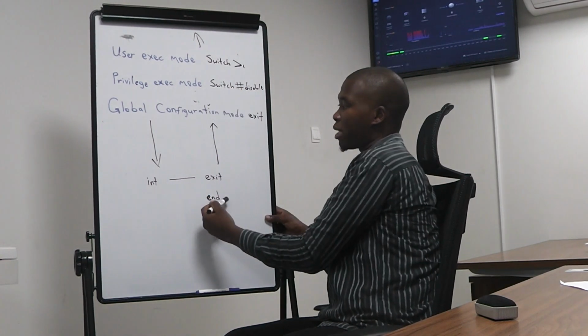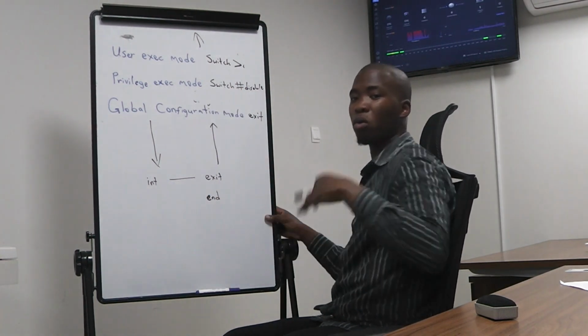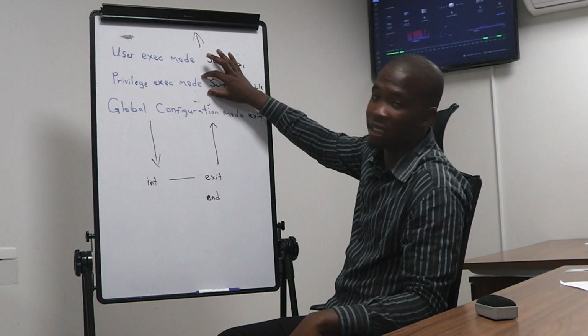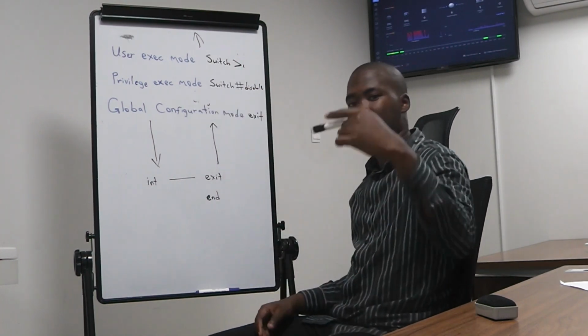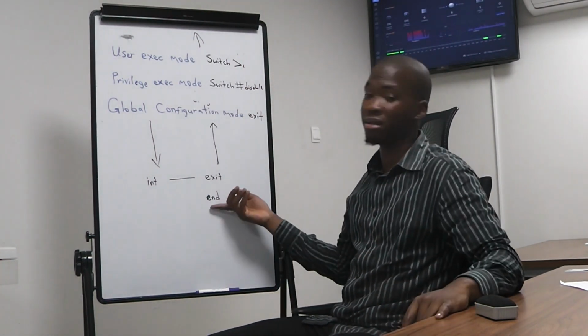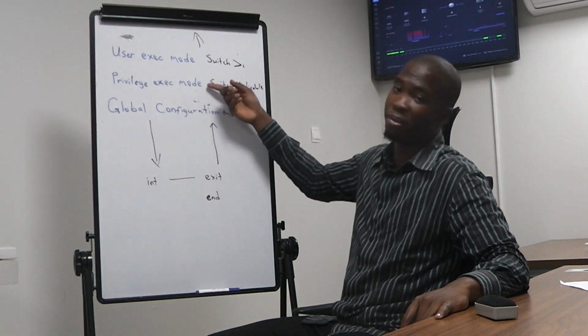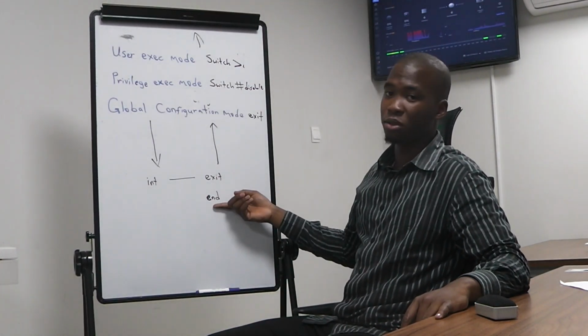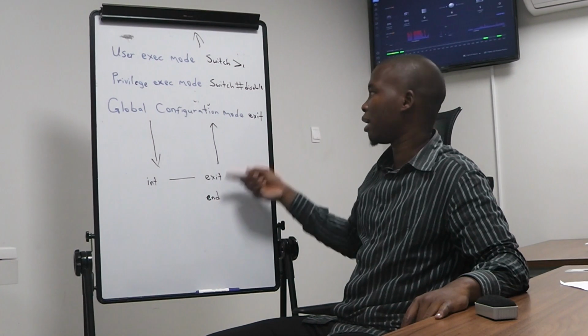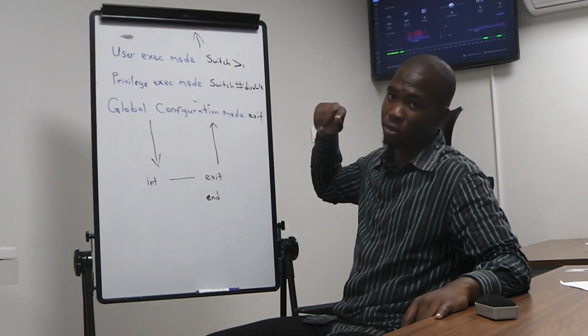So end will not take me one step back, but will always take you back to the privileged exec mode. Sometimes it's faster. You just type end and then enter, and you will see that you are in the privileged exec mode.